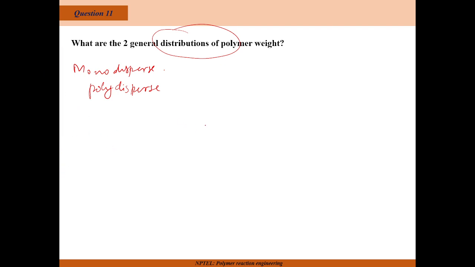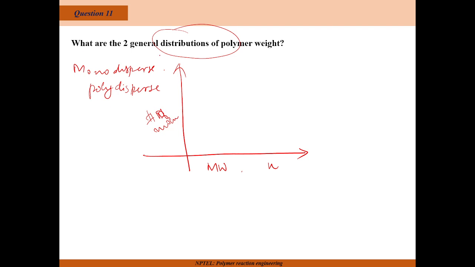In monodisperse, on the x-axis we can have molecular weight, and the other axis is the number of molecules, the total number of molecules.